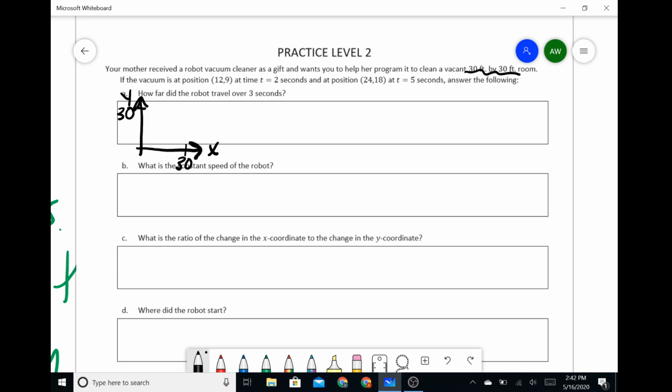So if I wanted to plot my points, I'm going to make the first point, 12:9, point A. So 12 would be about here, 9 would be there. So this is point A. And then I'll make the 24:18 point B.